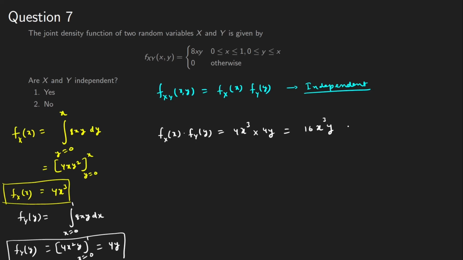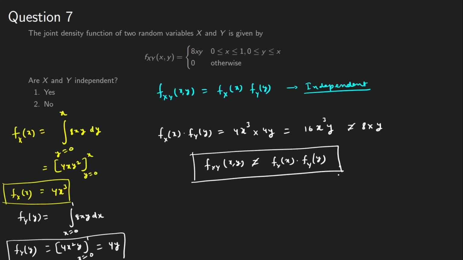So it is not equal to 8xy. So we can conclude that f x y at x comma y is not equal to the product of the marginal PDFs f x at x and f y at y. So it means these random variables x and y are not independent. These are dependent.